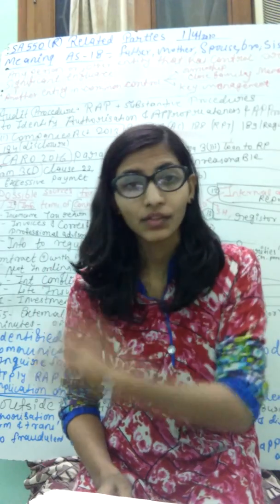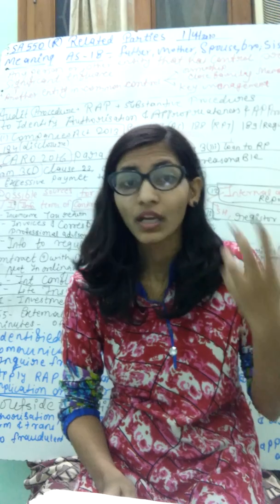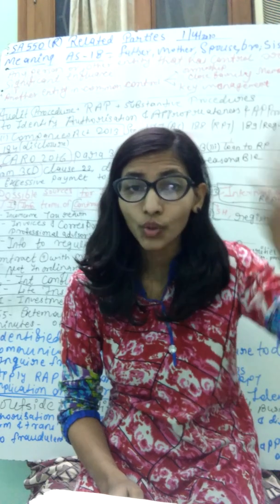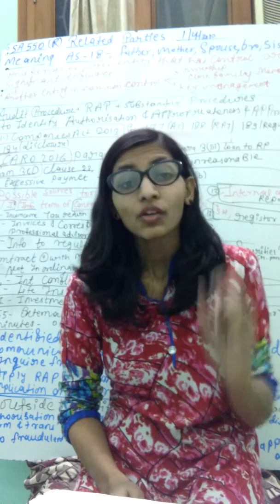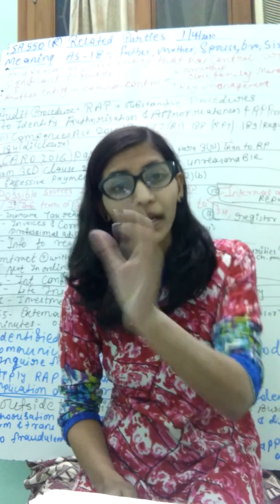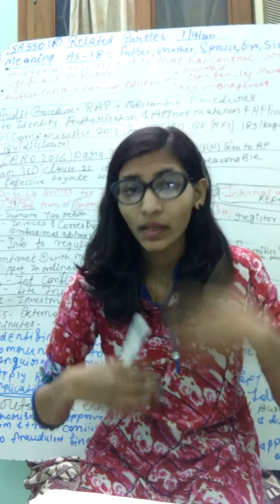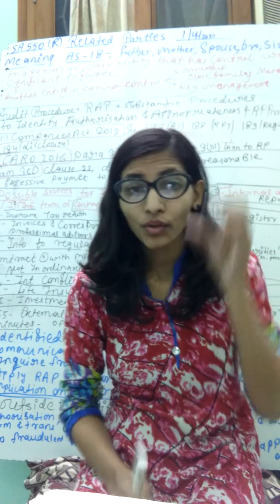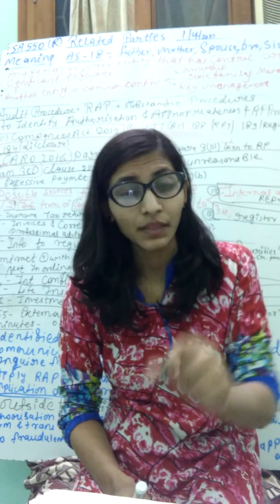If there is any other related party which is not disclosed anywhere, then any other transaction with that newly identified related party should also be checked by you. You apply substantive analytical procedures on the newly identified related party.